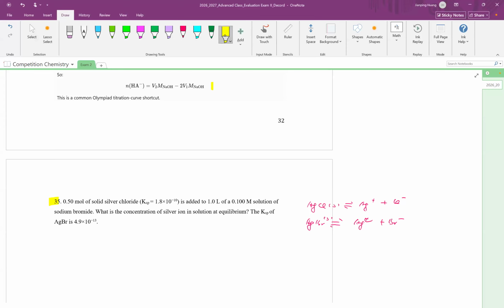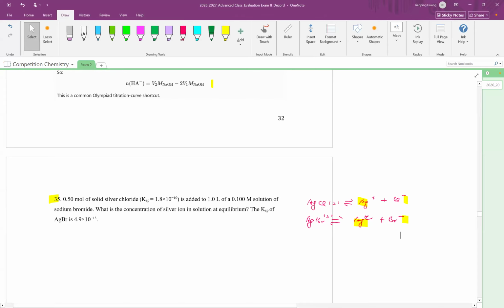In other words, there's only one molarity concentration from the two. That's the same. Now, that one is different based on what? Based on KSP. Now, look at this question.